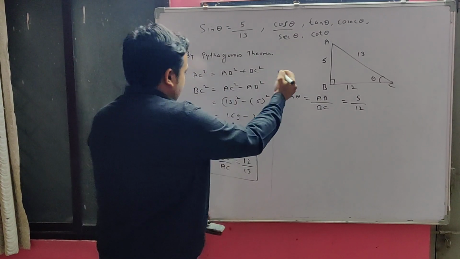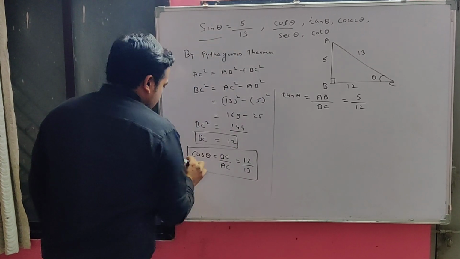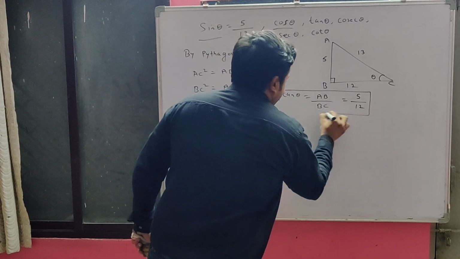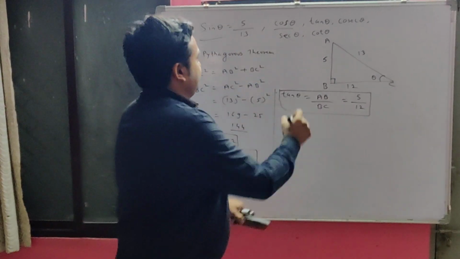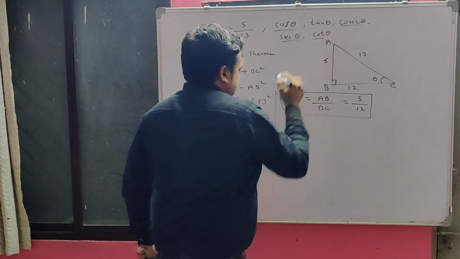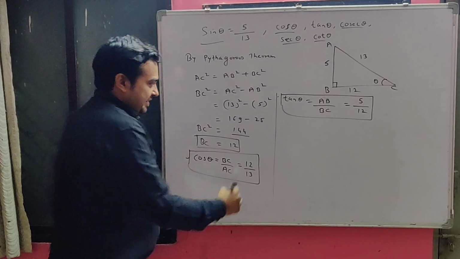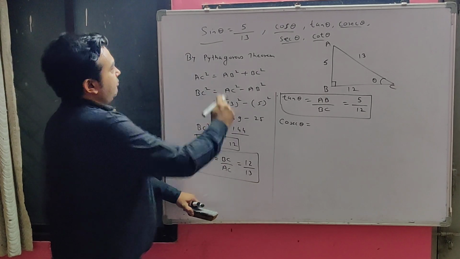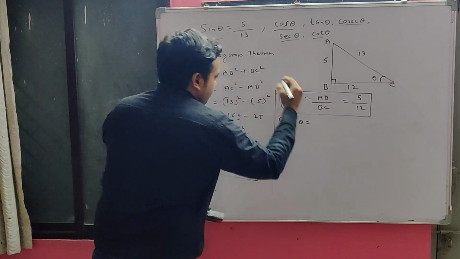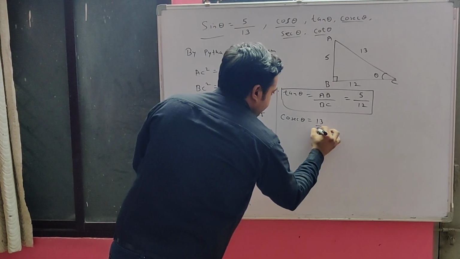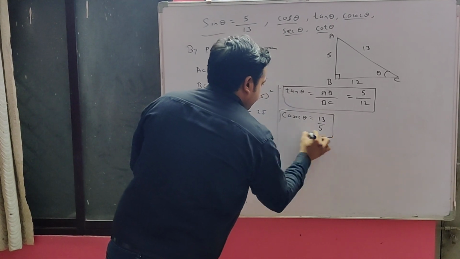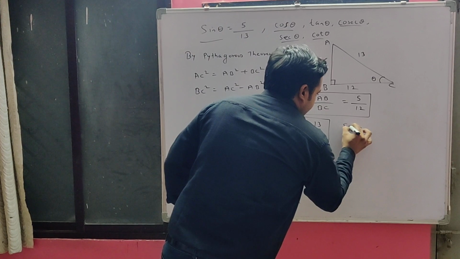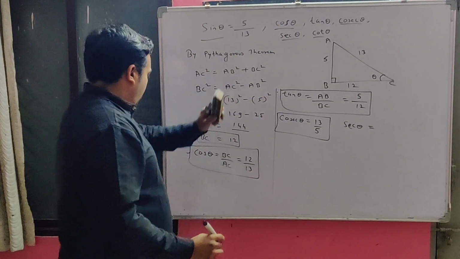We now have sine theta, cos theta and tan theta. Earlier we have seen that the other three ratios are reciprocals of these three. Cosec theta is the reciprocal of sine theta. Sine theta is 5 by 13, so the reciprocal will be 13 by 5. Now sec theta is the reciprocal of cos theta.